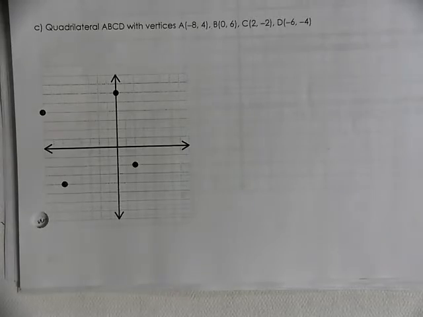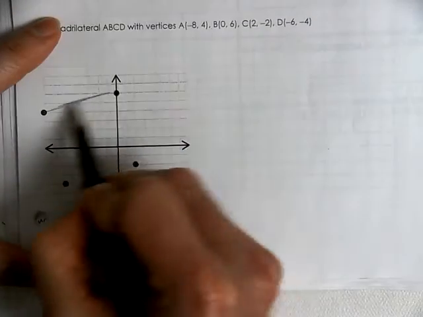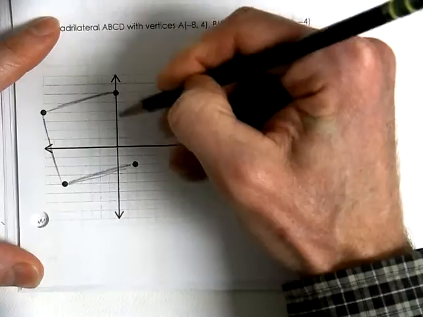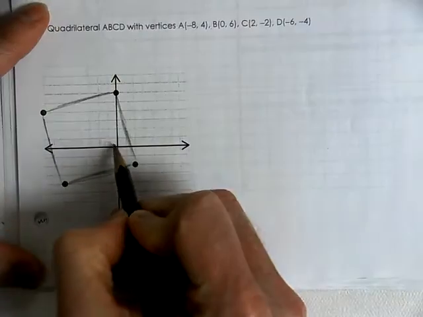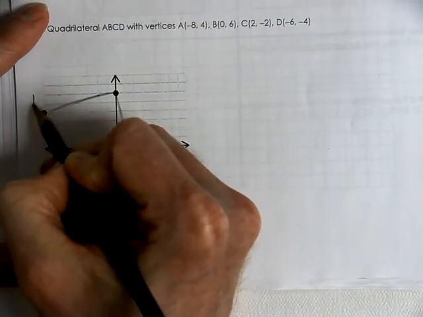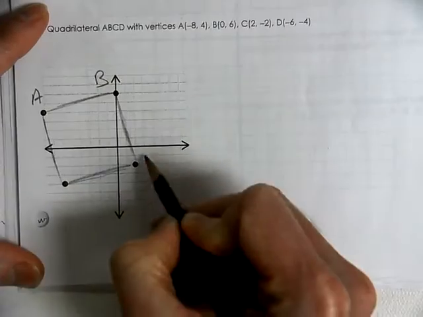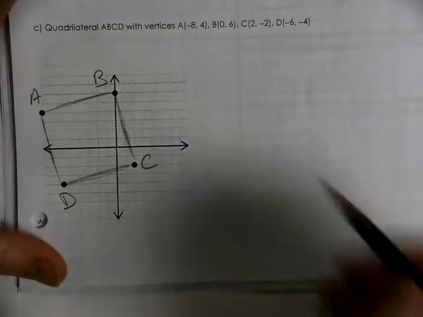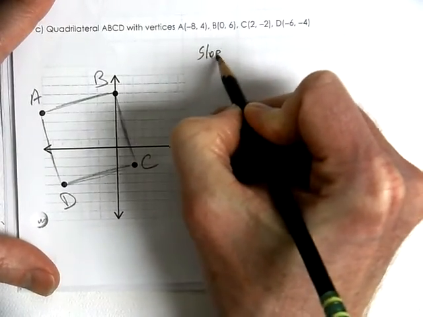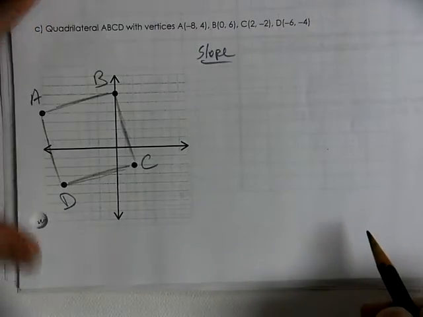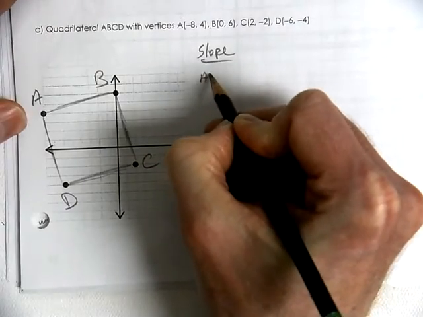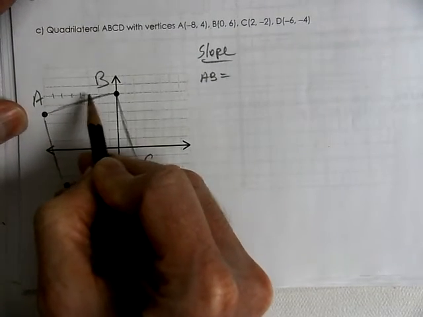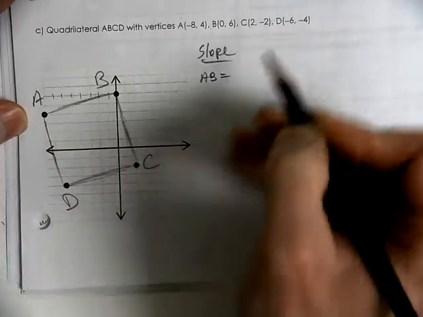Quadrilateral ABCD. We have our points all plotted out. 8 over 4 up. That would be our A, and our B, and our C, and our D. Okay, I like slope. So I'm going to calculate slope first. We know that we have AB, which is up 2 over 1, 2, 3, 4, 5, 6, 7, 8.